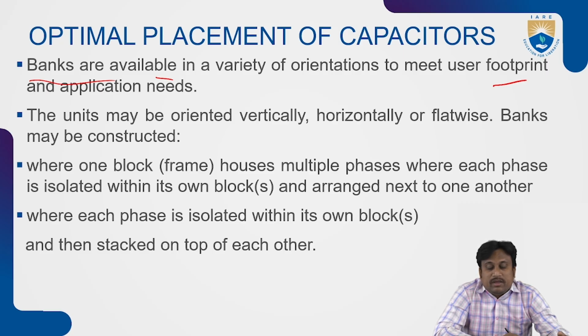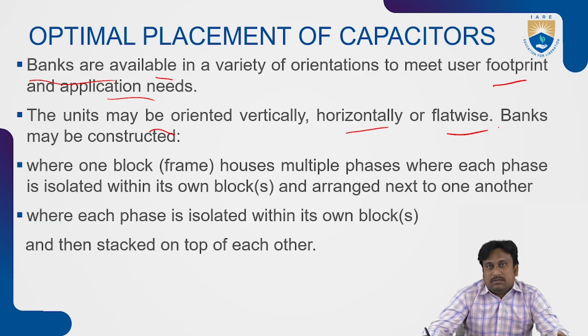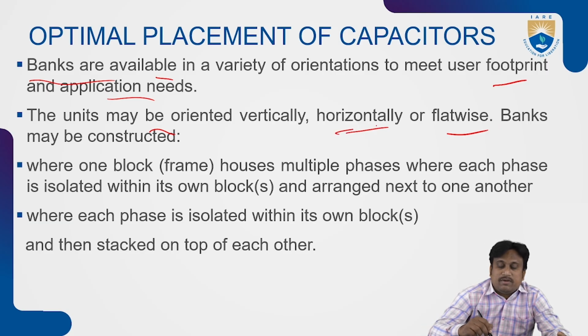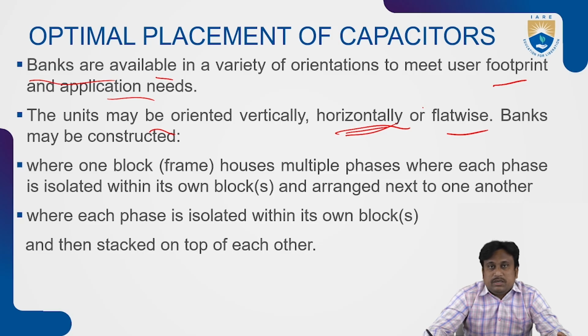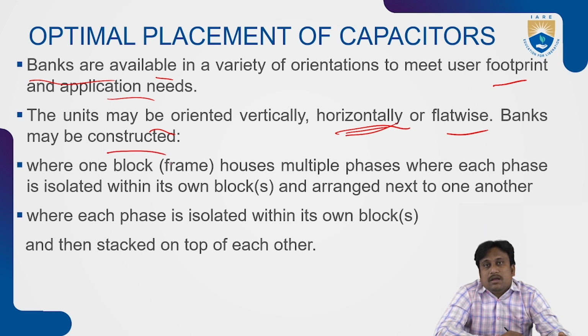The units may be oriented vertically, horizontally, or flatwise, meaning the way in which the capacitor banks are connected together. The banks may be constructed in such a manner to meet the power factor requirements mostly.